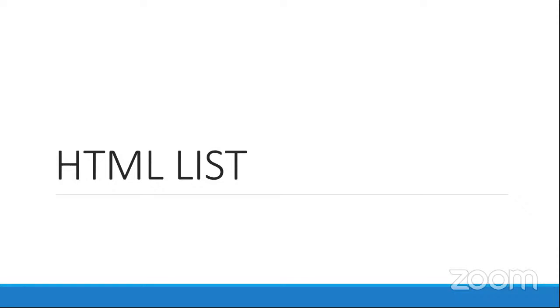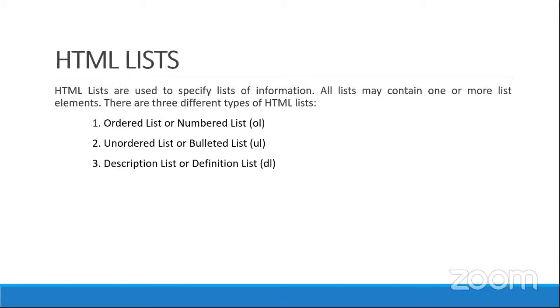Okay, so first let's go ahead with the types. So here are the types of HTML list: ordered list, which we can call a numbered list, and another list which we can call a bullet list. Okay, and then we have description list or definition list. We'll see one by one.